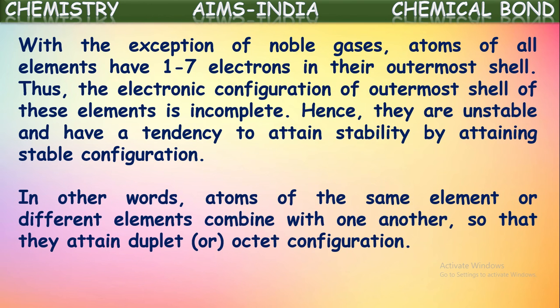In other words, atoms of the same element or different elements combine with one another so that they attain duplet or octet configuration and hence become stable. The elements which do not have octet or duplet configuration are unstable, meaning reactive. They will combine with atoms of the same element or atoms of different elements, and hence attain their octet or duplet configuration.